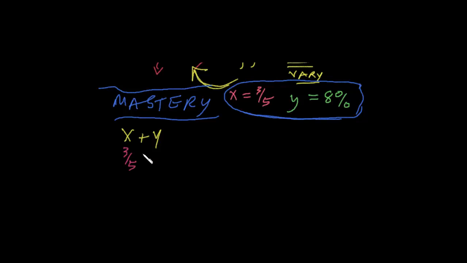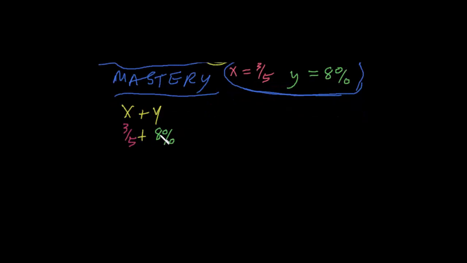We're going to add that 3/5 to our y value of 8%. And you say, why would I want to do that? You have one number in the form of a fraction, the other in the form of a percent. But again, we repeat, these numbers can be presented in many forms, but you need to convert them to a form that you can work with.